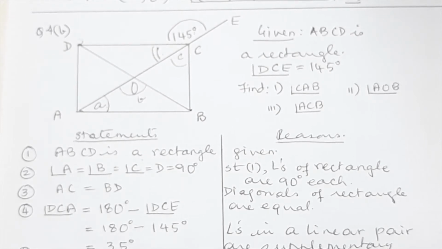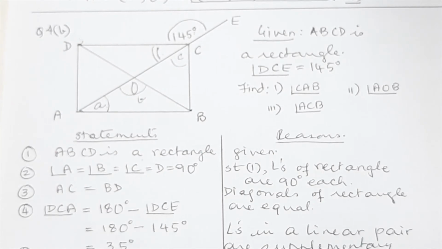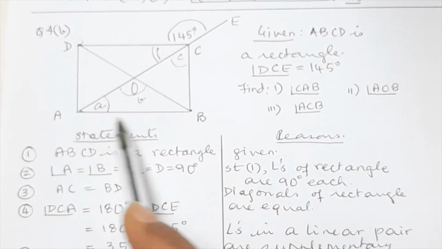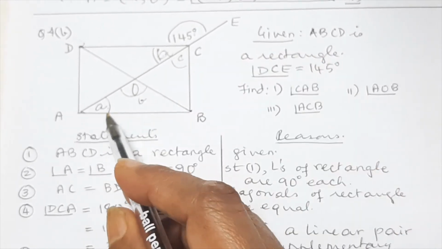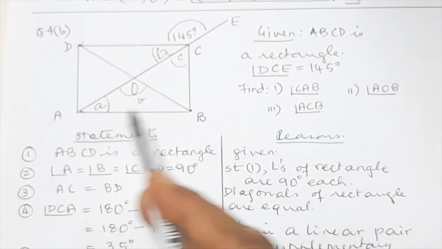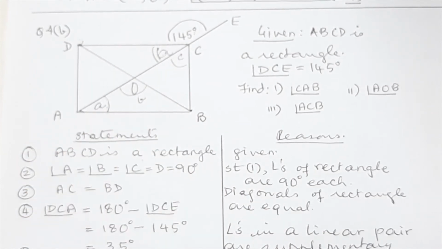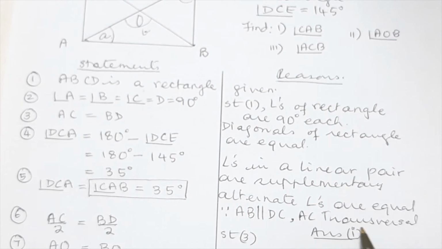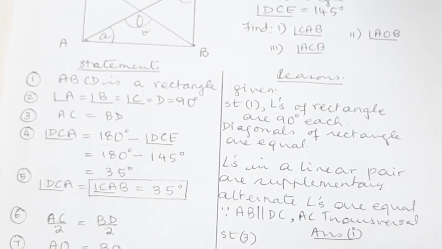And so angle DCA, that is this one, will be equal to angle CAB, that is this one. This and this, they will be A and A because they are alternate angles. Why? Because AB and DC are parallel to each other, and so alternate angles are equal, and that's why angle CAB will be equal to 35 degrees.